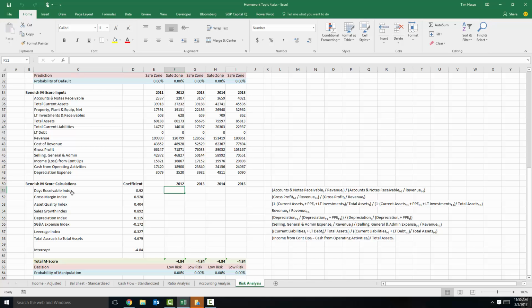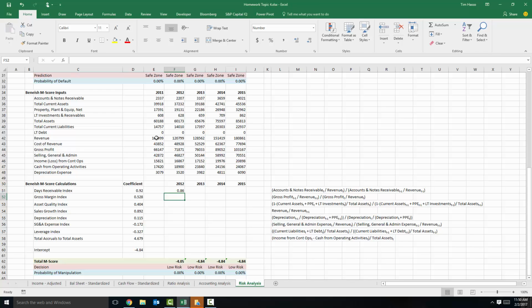So in order to use this one, we use equal, we open up a bracket, we take accounts and notes receivable this year, divided by revenues this year. Close the bracket, then divide that by, open up a bracket, accounts and notes receivable last year divided by revenues last year. Close bracket, enter, and you get 0.86.